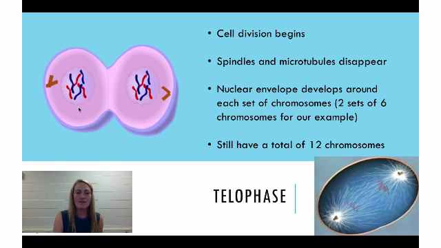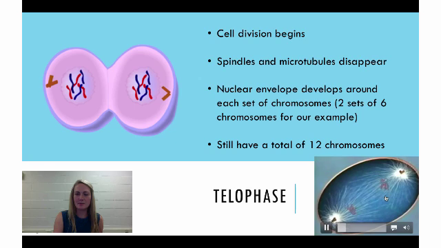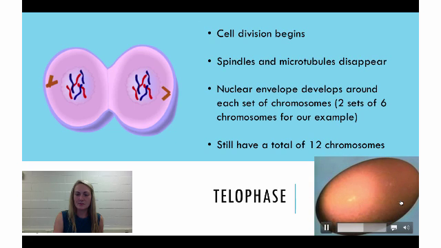So now we still have the total of 12 chromosomes, and the set of 6 over here is genetically identical to the 6 over here. Alright, so we can see the spindle apparatus disappearing, those microtubules are going away, and the nuclear envelope is forming around those chromosomes.